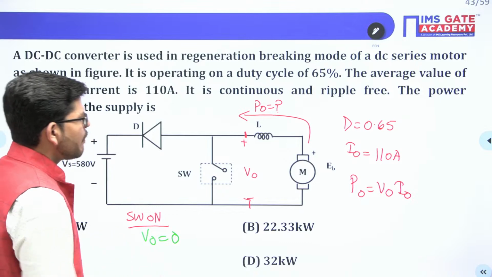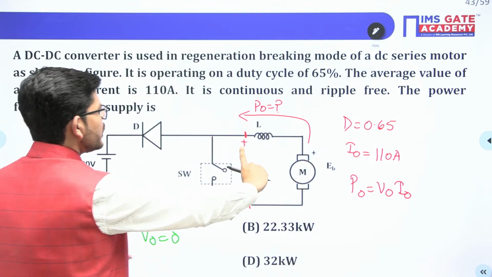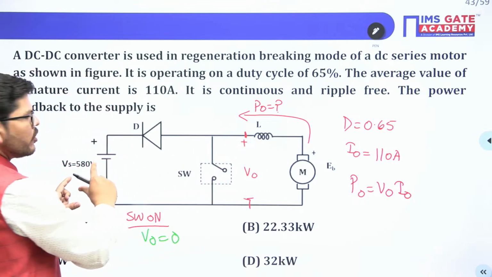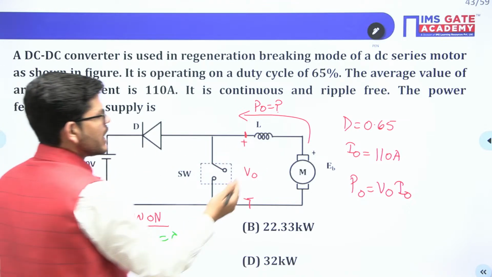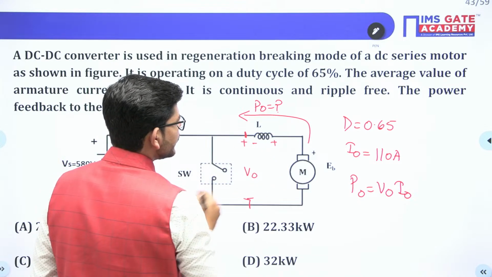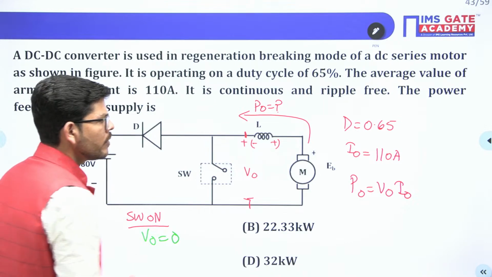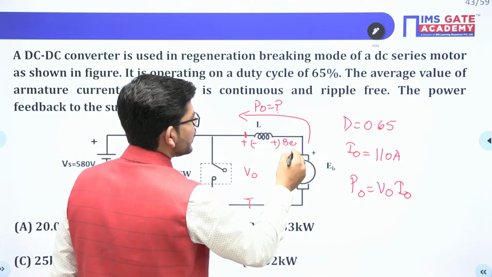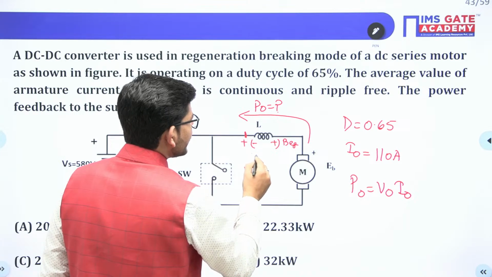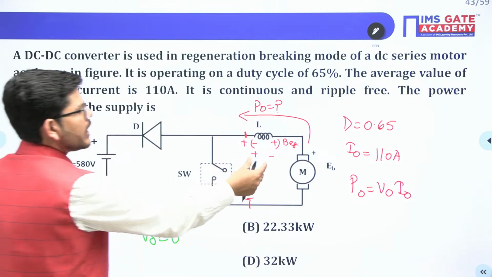And what will happen when the switch is off? When your switch turns off, this output voltage immediately will be equal to Vs. Because when the switch is on, the inductor polarity will be like this, and the inductor will be storing the energy. At the end the inductor will be releasing the energy and its polarity will be like that.